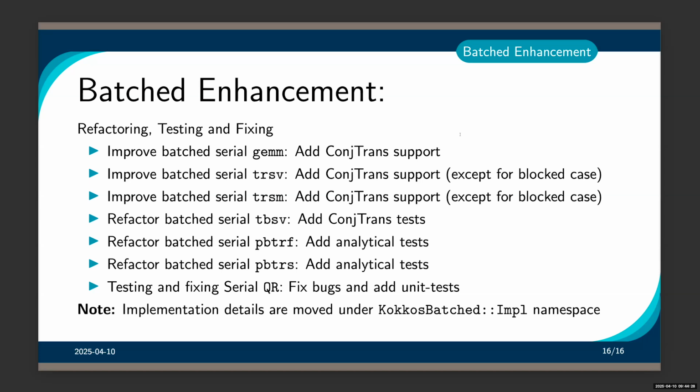So if you were previously having problems with some of these operations, batch gemm, TRSV, TRSM, TBSV, PBTRF, PBTRS, and serial QR, feel free to give them another try. Hopefully we've ironed out any problems that you were having with them. And previously we had some implementation details that were in the public namespace that we've tucked away in Impl. So that's all we have.